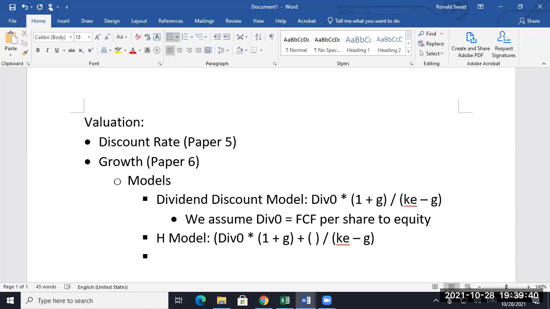All right, so how do we get this super growth period in? So again, we use dividend zero. Here what we're going to do is do growth short term minus growth long term. We need one more number. The H.